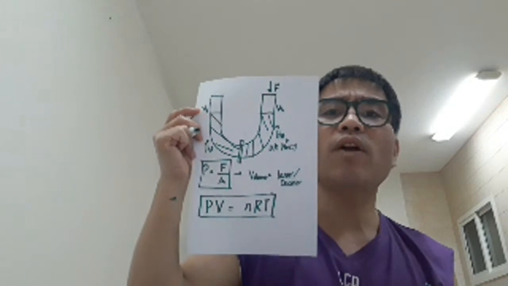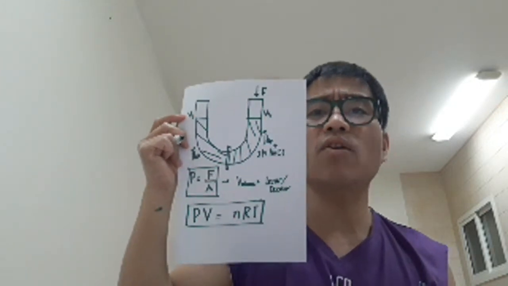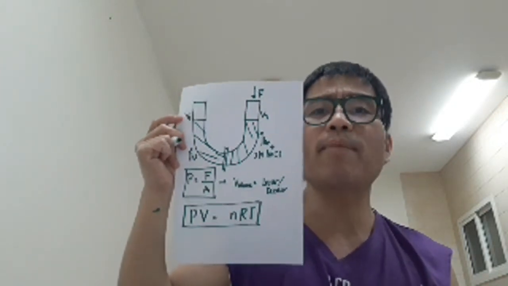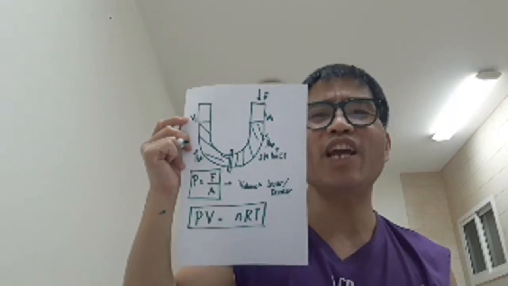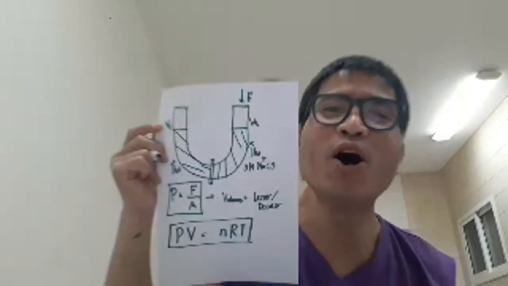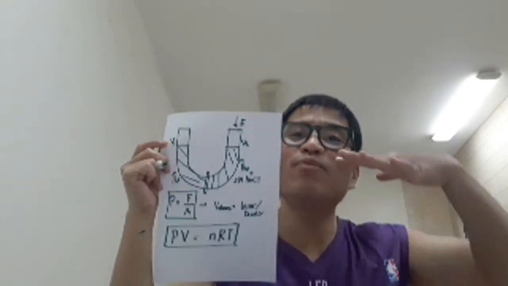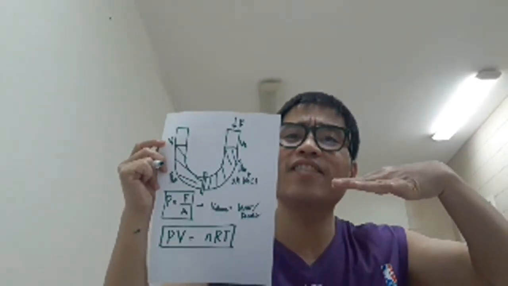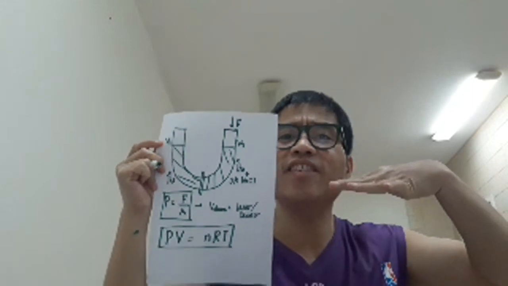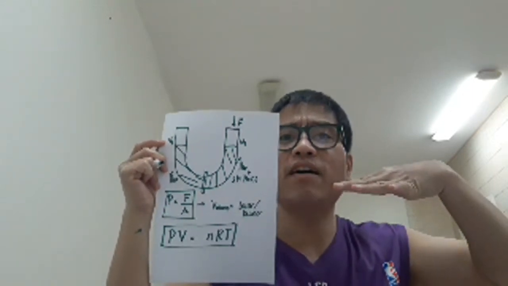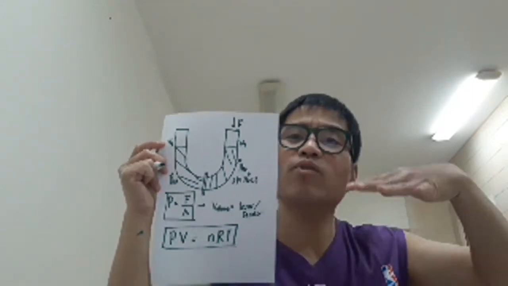So our volume is already equalized, or in equilibrium. What will happen if our volume is being equalized? It's in a steady state phenomenon. So volume 1 equals volume 2.